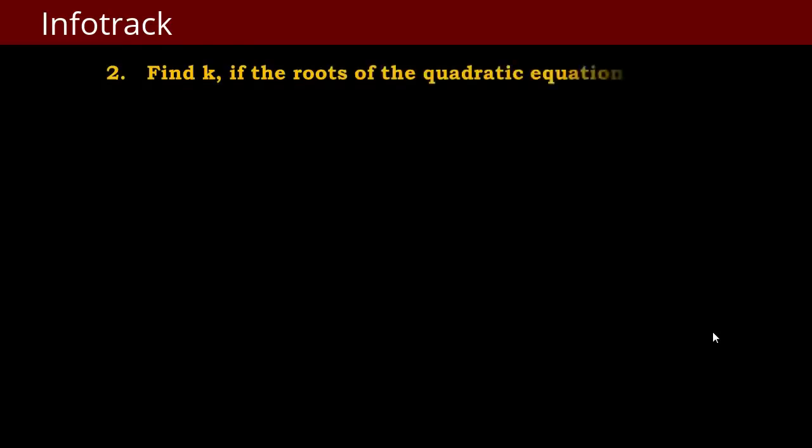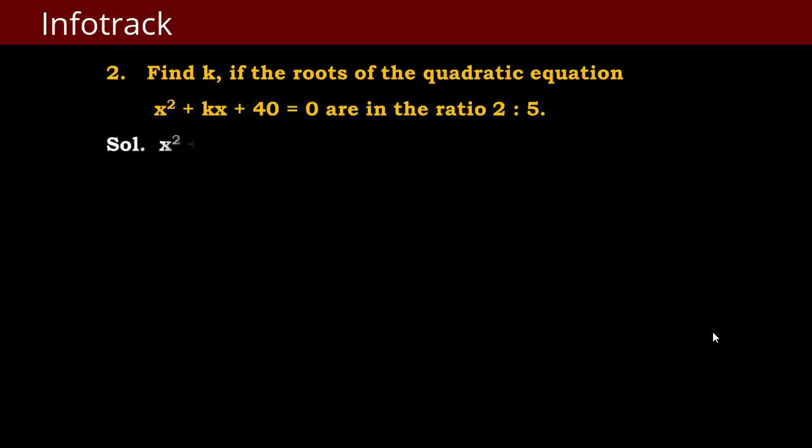Question number 2. Find k if the roots of the quadratic equation x square plus kx plus 40 are in the ratio 2:5. The quadratic equation is given and we have to find the value of k. See the quadratic equation, x square plus kx plus 40 is equal to 0.